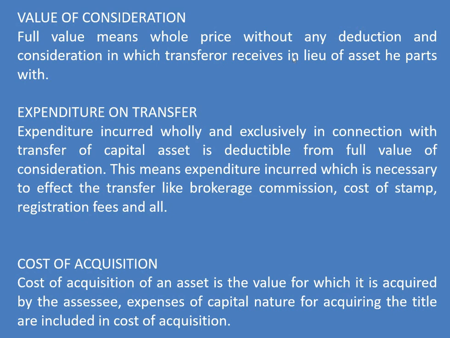He receives it in lieu of the asset he parts with, that means he sold. So the full value of the price received by the transferor as consideration for the asset sold is called the value of consideration.